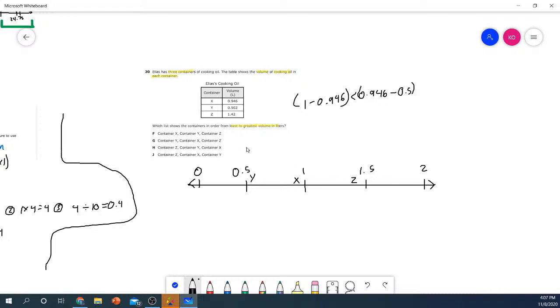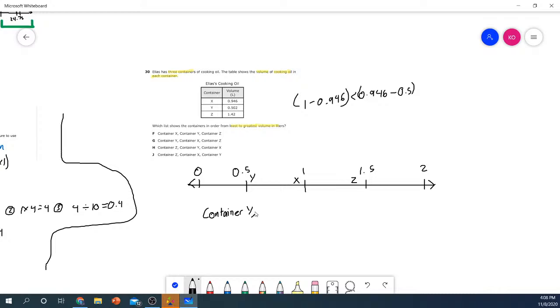And we have to order our containers from least to greatest. So container Y is over here. Container Y is the least because it's closer to 0, and because it's on the left side of the number line.